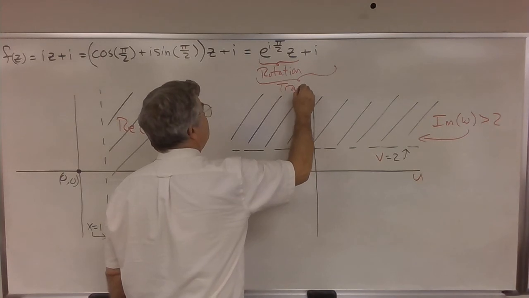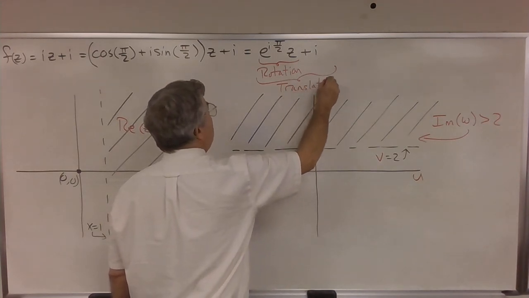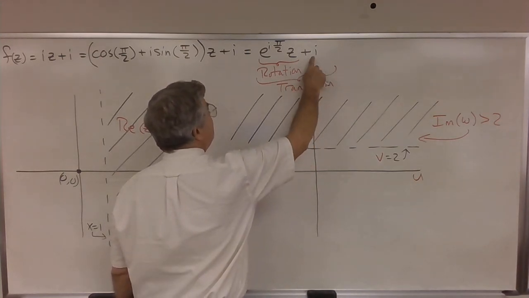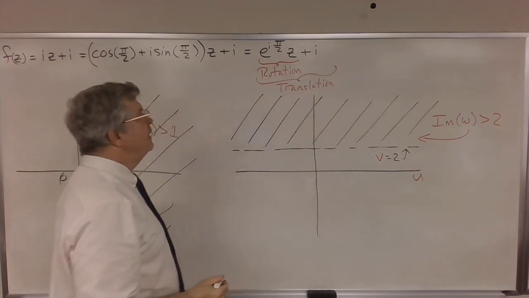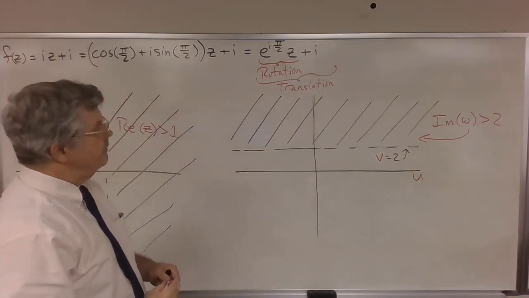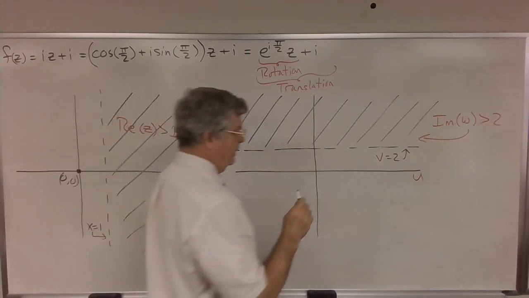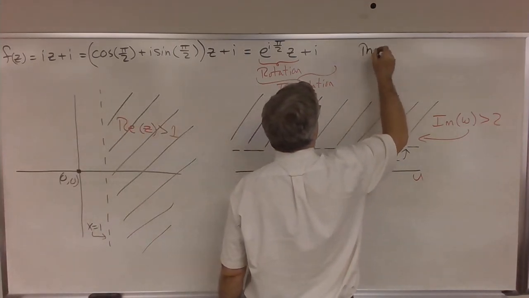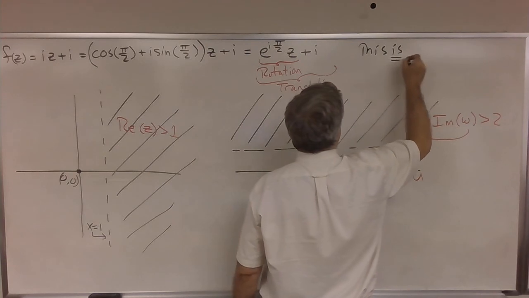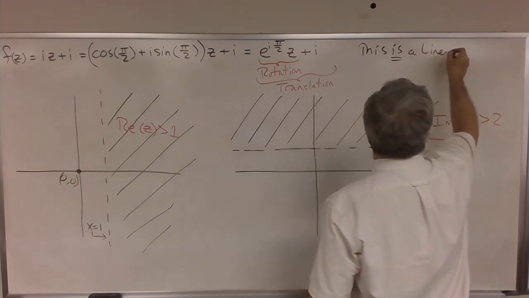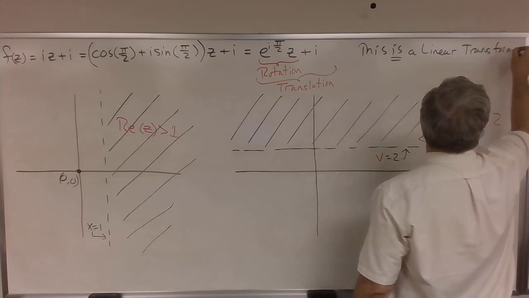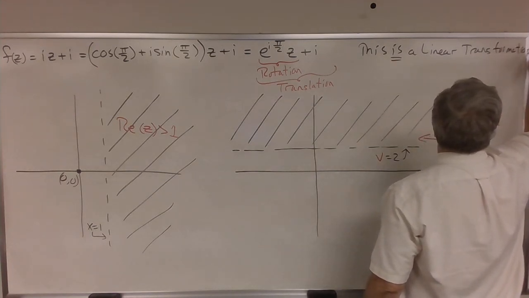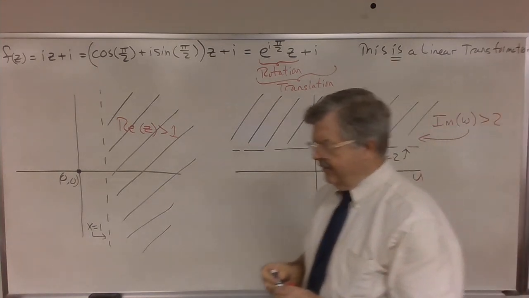So this is a translation. This is our a plus bi right here, where a is 0. So this is a linear transformation. Just had to make sure.